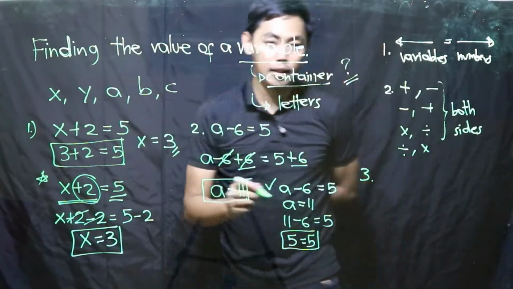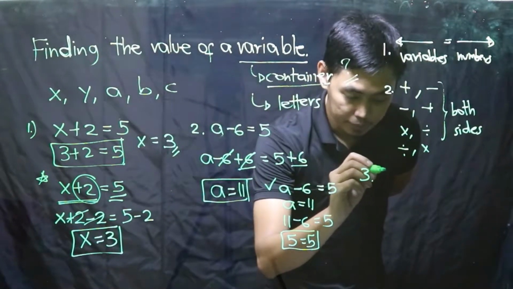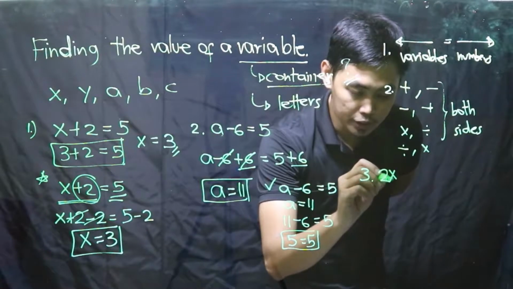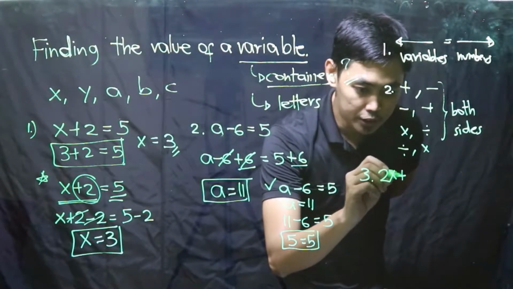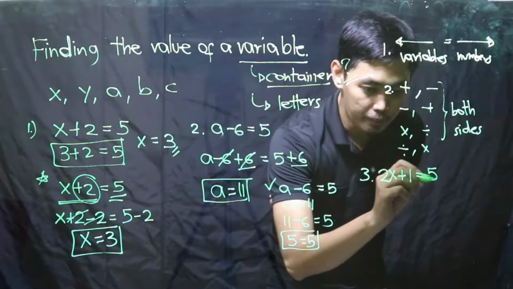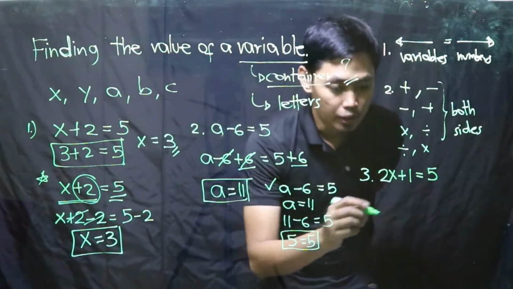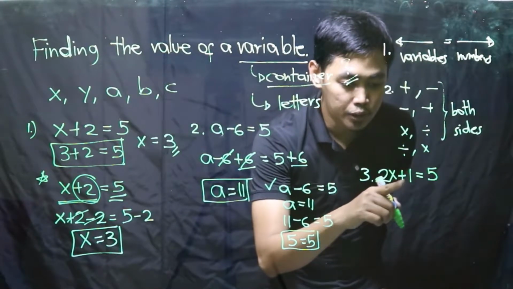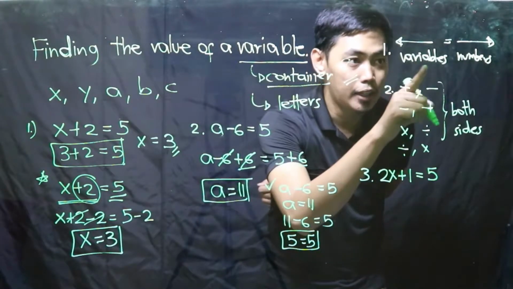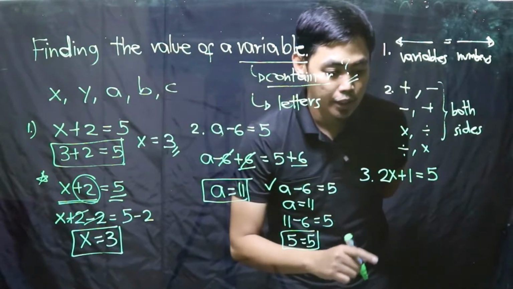Number 3. So, how about 2x plus 1 is equal to 5. The first thing that we will need to do is to put all the variables here and put all the numbers on the other side.